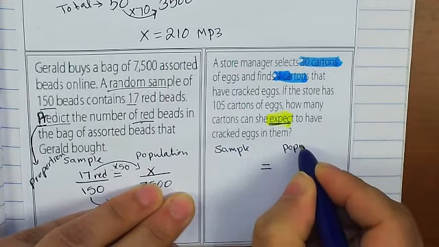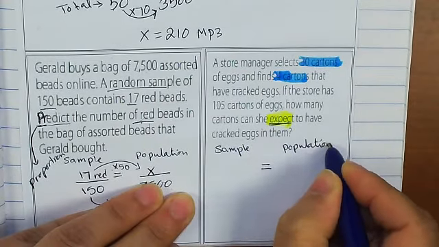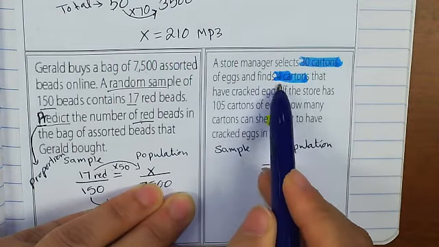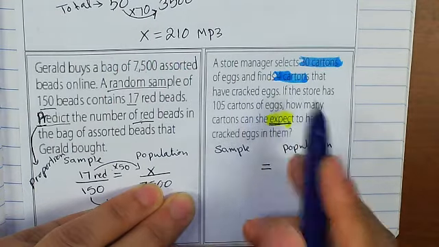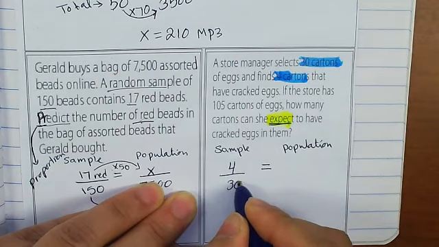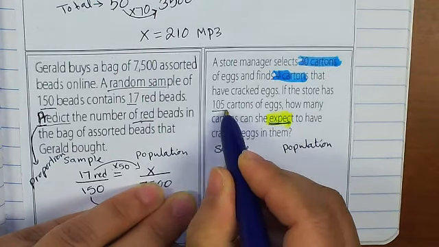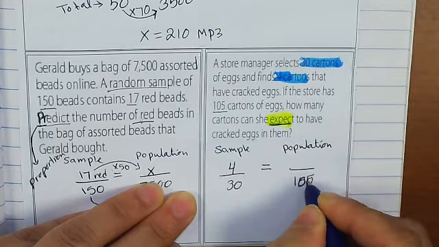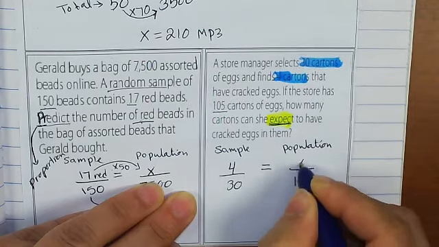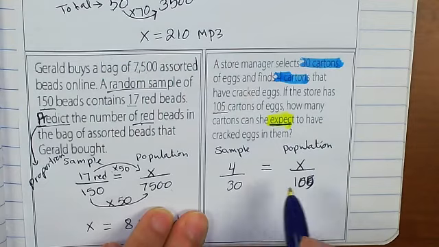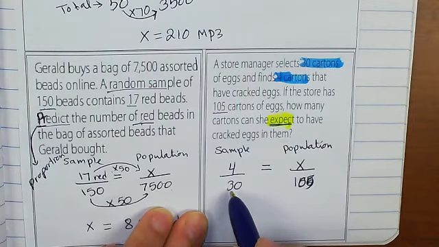We have the sample, and we have the population here. So the sample that the store had: select 30 cartons of eggs and find four of them broken. So 4 out of 30. Now if we have a total of 105, again, that's the total, always the total. How many cartons will be broken?